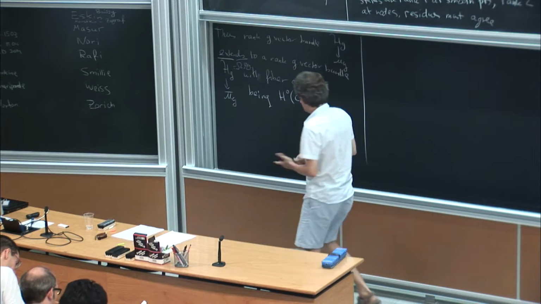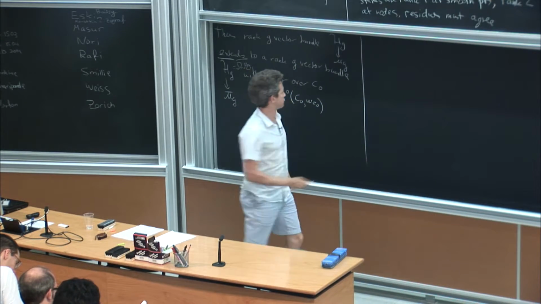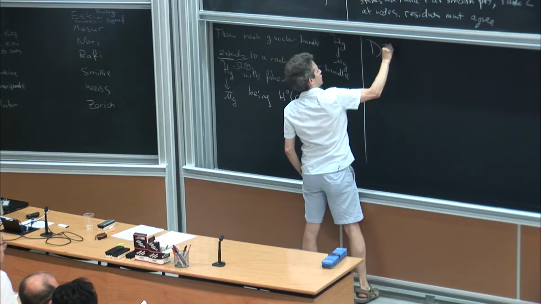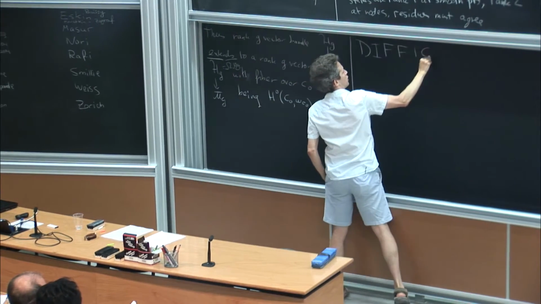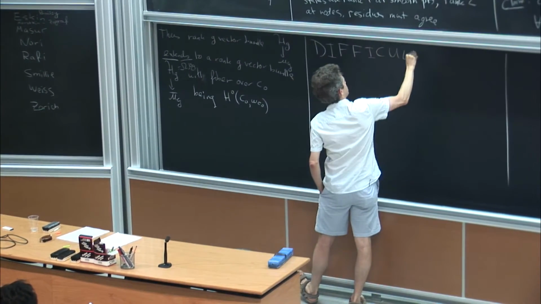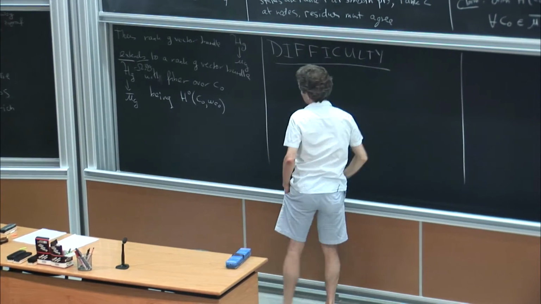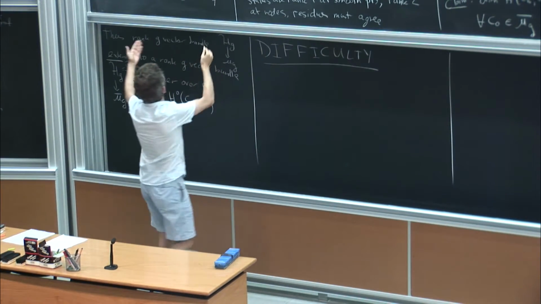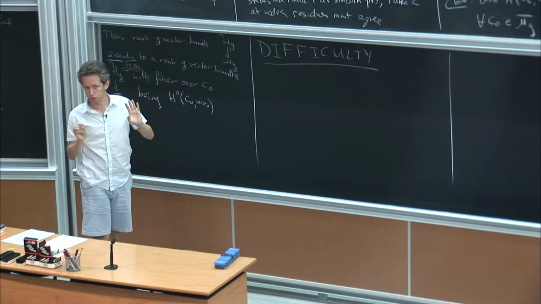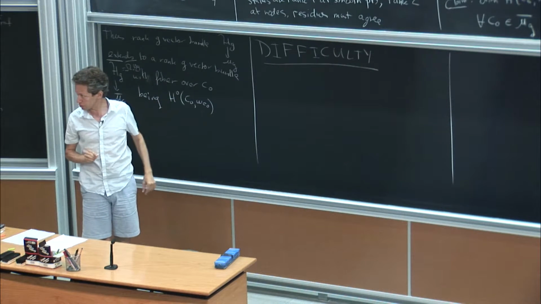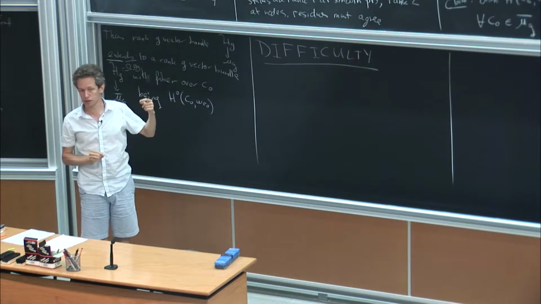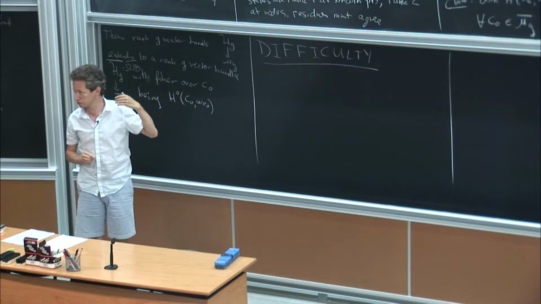Okay? So what's the main difficulty? Because this is really the core of the matter. You have a family C_t, one parameter, many parameter, let's do one parameter, degenerating into a stable curve. You have abelian differentials, holomorphic one-forms degenerating.